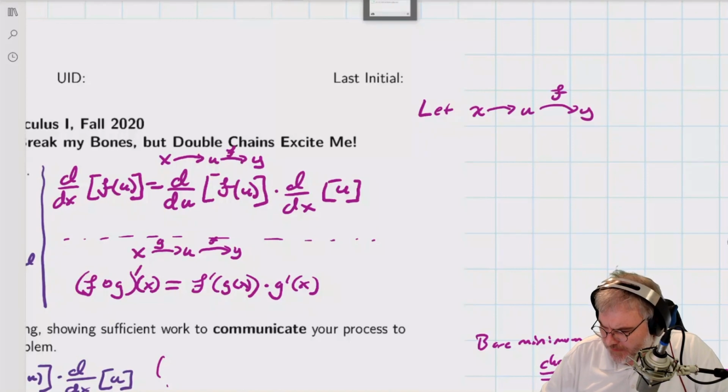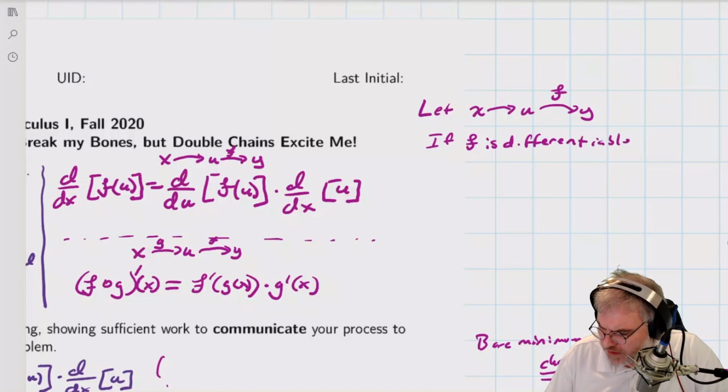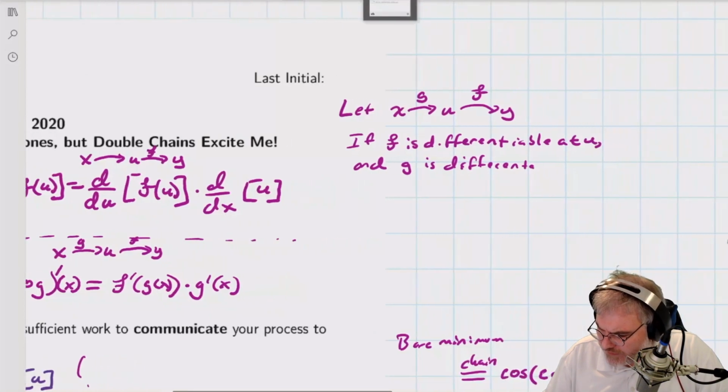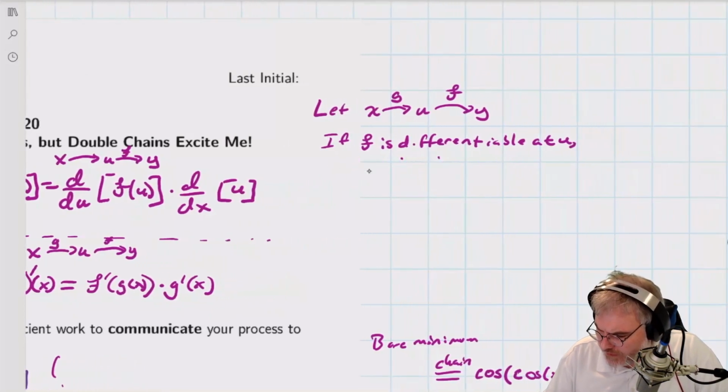Okay. And I'm going to say if f is differentiable at u, and the function here containing this, so I'll write a little g up there, and g is differentiable, this is actually two conditions.